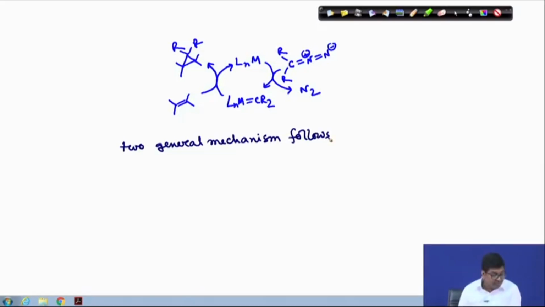So, what are the two general mechanisms? Number one is that it can go via a 4-membered ring intermediate.